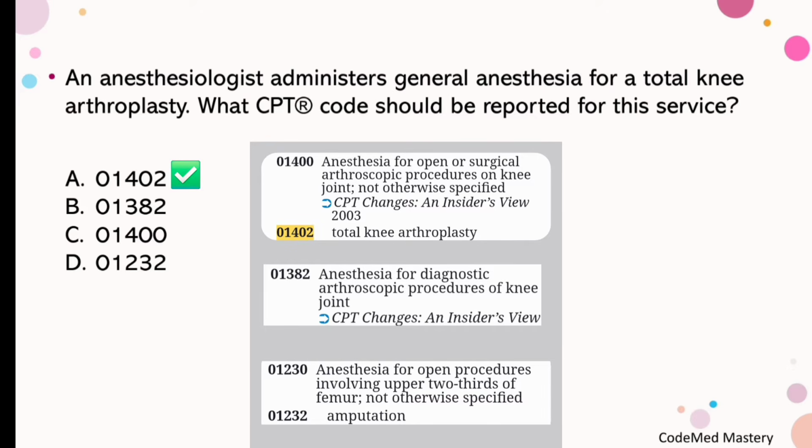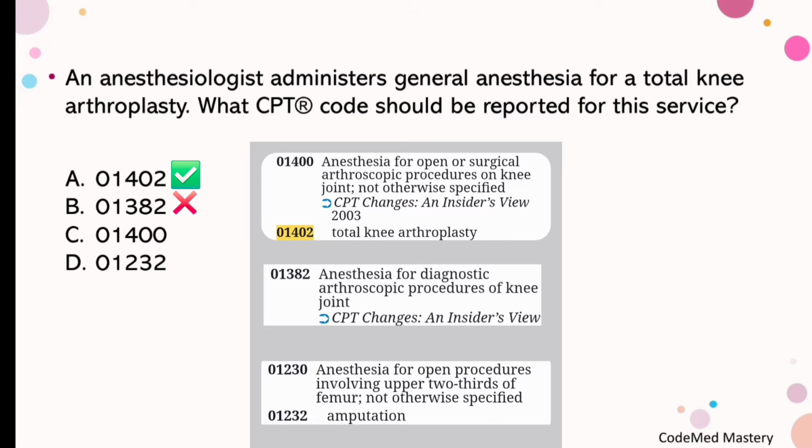Option B 01382 is wrong because it is for anesthesia for diagnostic arthroscopic procedures of knee joint. That is not mentioned in the question. So we'll eliminate option B, and option C 01400 is wrong because it is for open or surgical arthroscopic procedures on knee joint, not otherwise specified.